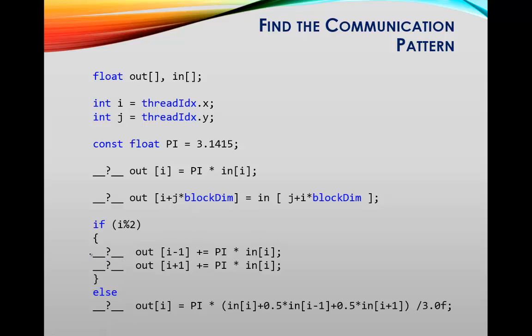Actually, I'm going to think of these 2 things at the same time as one operation. So if you look at this element, it's actually guarded by an if statement. So in this operation, only odd number threads are going to execute. Let's see how they look.